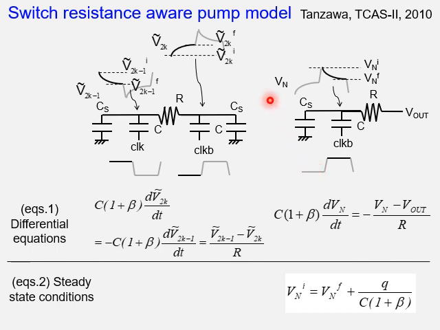And finally, the switching transistor between the last stage and the output voltage terminal has this kind of differential equation. And similarly, this is the steady state condition at the last stage node voltage Vn.